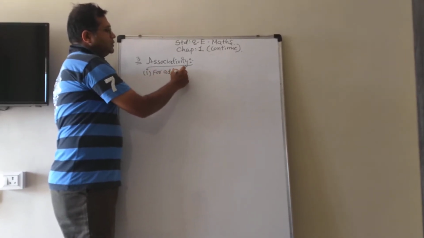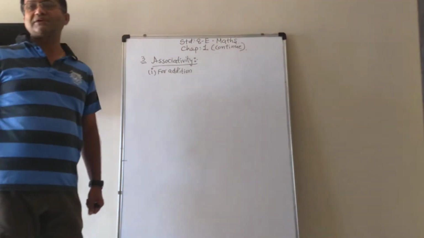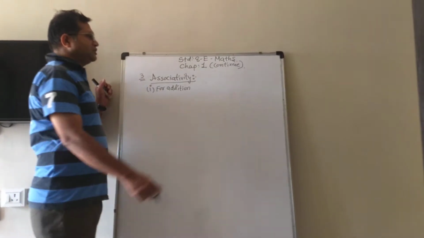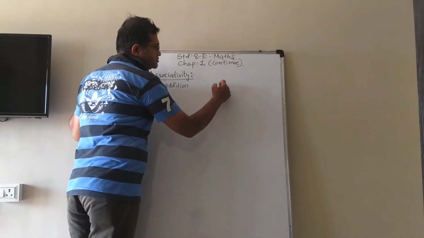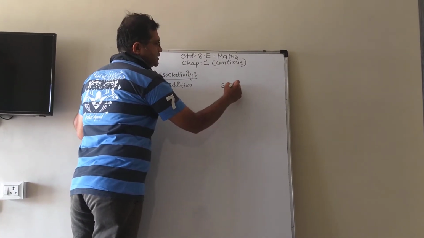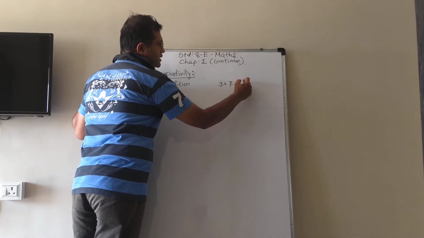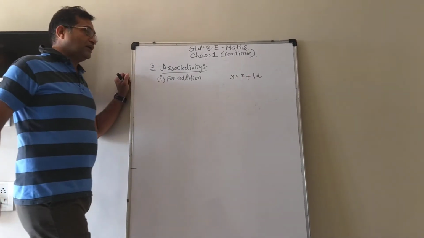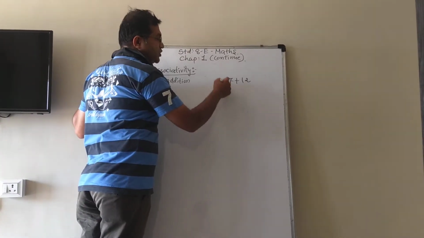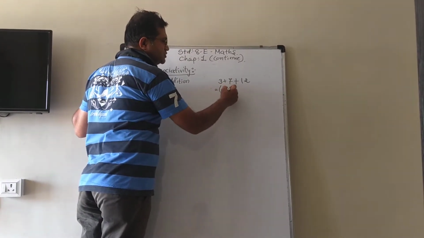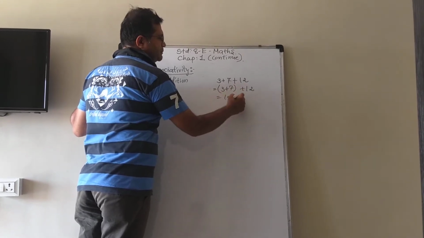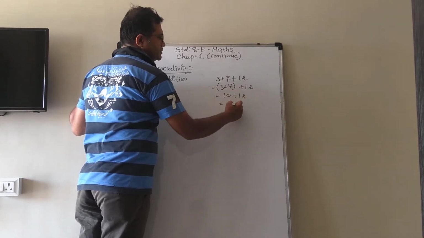Now about the whole numbers and integers. We already know that when we want to add three numbers, suppose 3 plus 7 plus 12, then we can do two ways or three ways. First we can do 3 plus 7, that is 10, plus 12, that is 22.